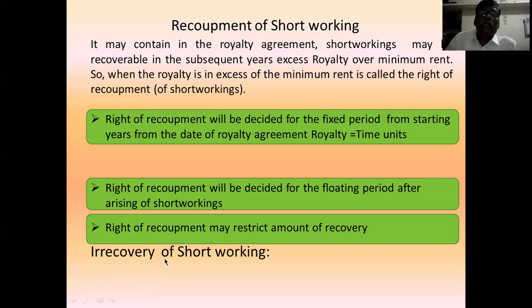Then the next point is irrecovery of short working. What is irrecovery of short working? Whatever short working arose in the previous year is to be recovered in the following years by fulfilling the conditions. If it is not possible to recover the short working within the given period of time by fulfilling the conditions, the unrecovered short working is called short working irrecovered.